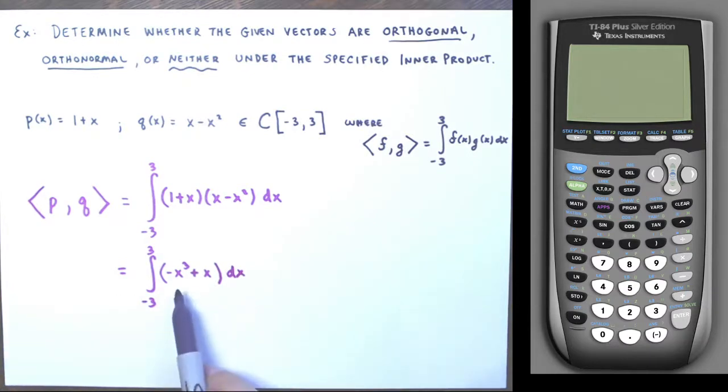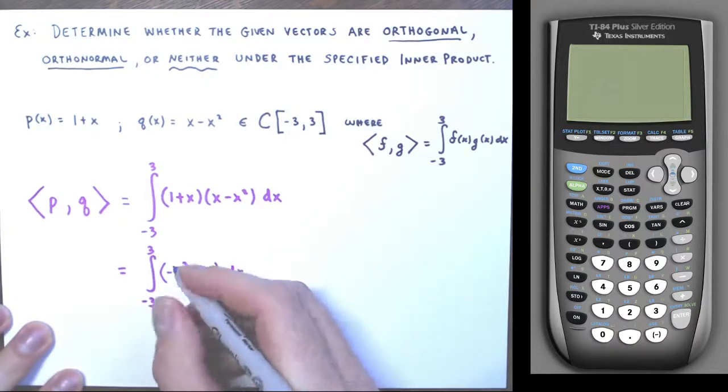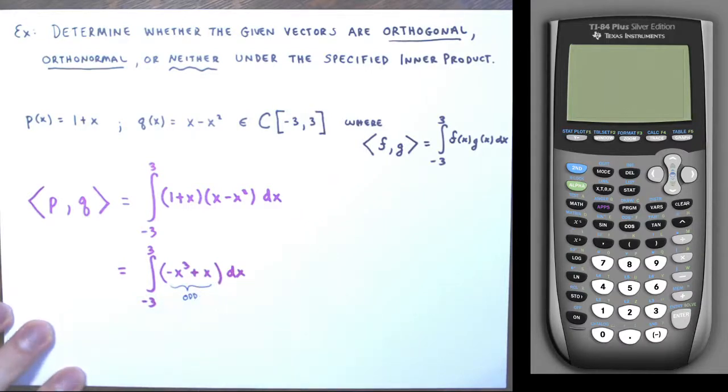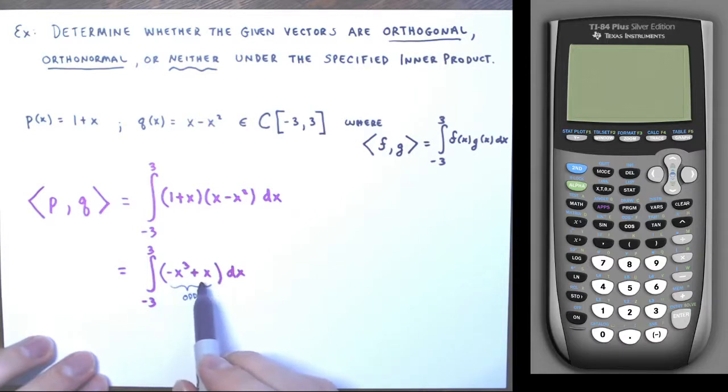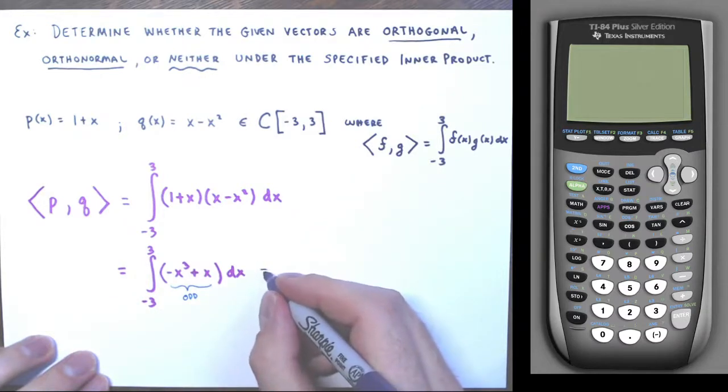You could do the antiderivative here, but you might recall that this is an odd polynomial. All the powers are odd: x to the third, x to the first. And this is an odd function. If you integrate an odd function from -a to a, here -3 to 3, that will be 0.